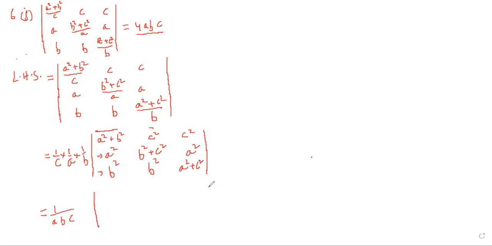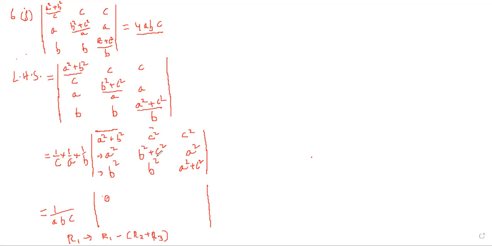So we will perform the same action, that is R1 is operated as R1 minus R2 plus R3. First, a square plus b square is in R1, and when we add R2 and R3, the first element of R2 is a square and the first element of R3 is b square. When we add a square plus b square and subtract it from the first element of R1, a square plus b square, it is giving 0.